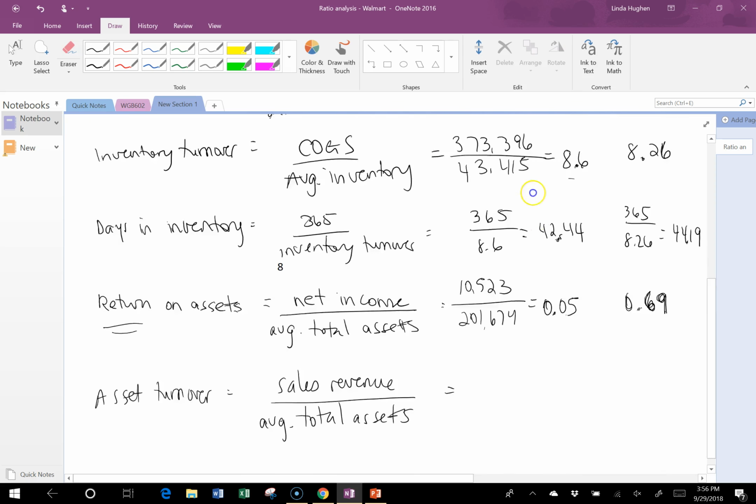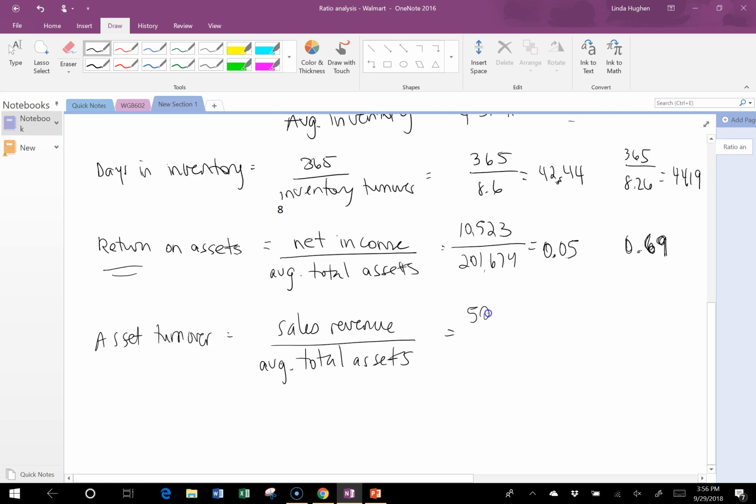Yep, 500,343, divided by average total assets, which we used above, 201,674, works out to be 2.48. Now, this is not a percentage, this is a number. We would say that our sales revenue is about 2.5 times greater than our investment in assets.